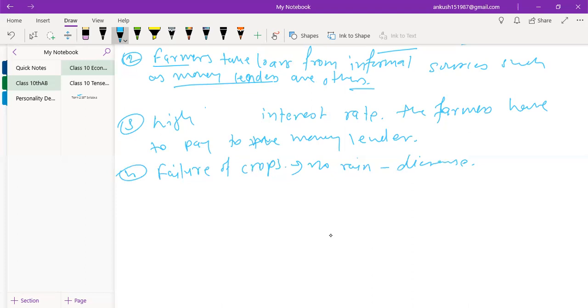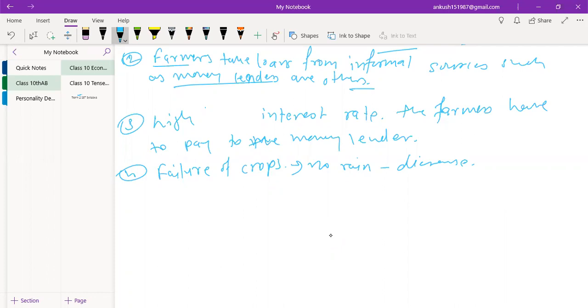So in this case, crop failure or inability to repay the loan worsens the situation, and the borrower has to sell his or her assets like land. This is what happened with Swapna in the example.